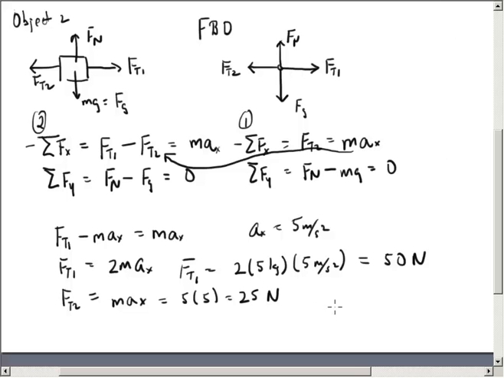And now we have basically finished the problem. So that is the end of the problem.